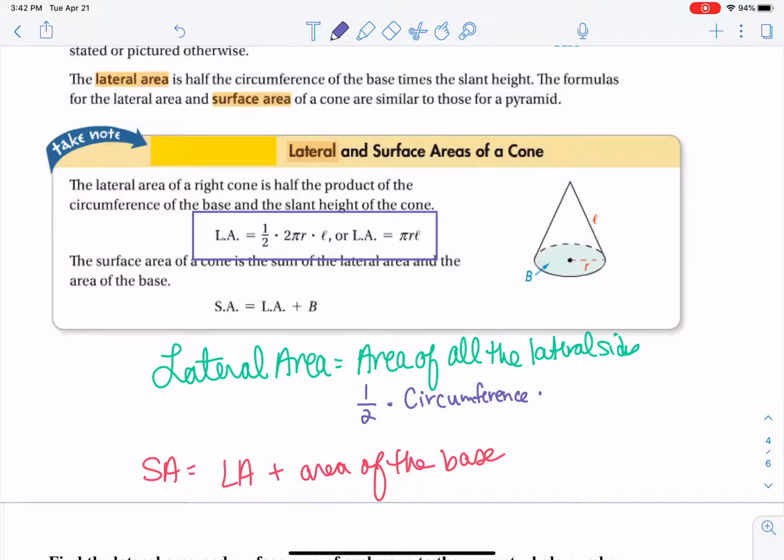I'll write that out. It's just like the pyramids on the side. They had triangles on the side, 1/2 times base times height. It's just the circumference is the whole base, and the slanted height is our height, just like before. So 1/2 times circumference times slanted height.